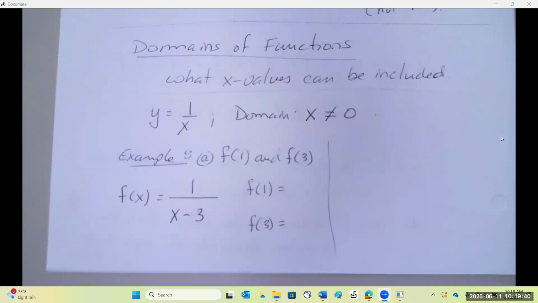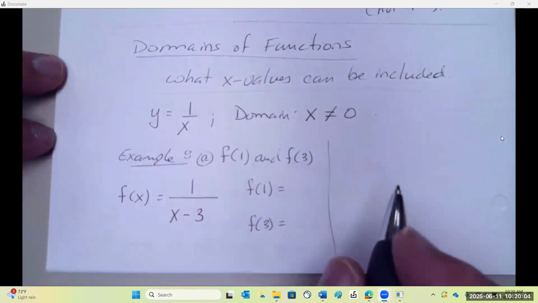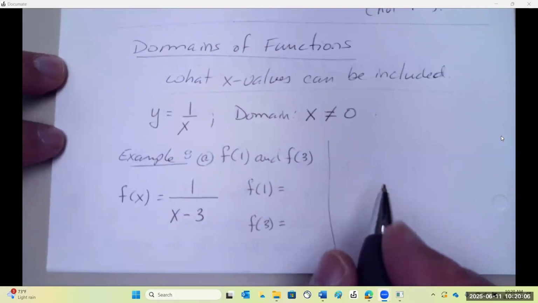Whatever goes to one, X is one goes with the one. So what's my answer? You're left with the one, the one minus three. And it equals what? Negative 0.5. Don't ever convert decimals. Leave it as fractions. No. Negative 1.5.